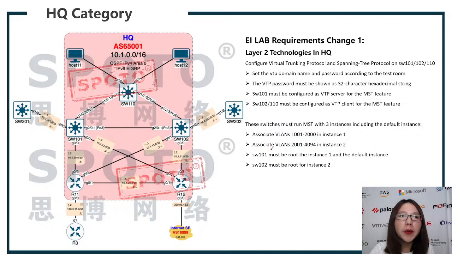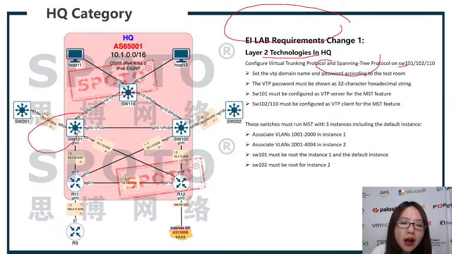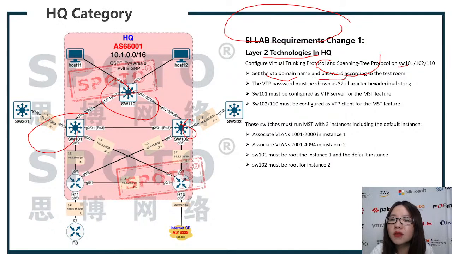So let's continue. Let's analyze the routing and switching change point. The first change point is the layer 2 technologies in HQ. We should configure VLAN Trunking Protocol and spanning tree on switch 101, 102, and 110. First, we should set the VTP domain name and password according to the test room.